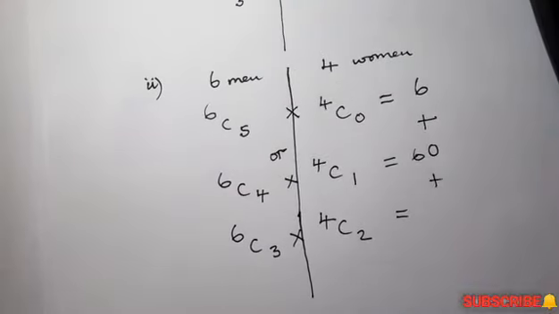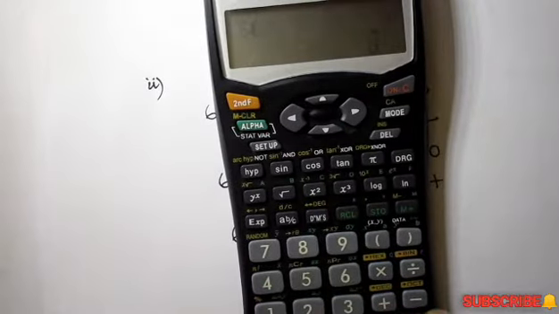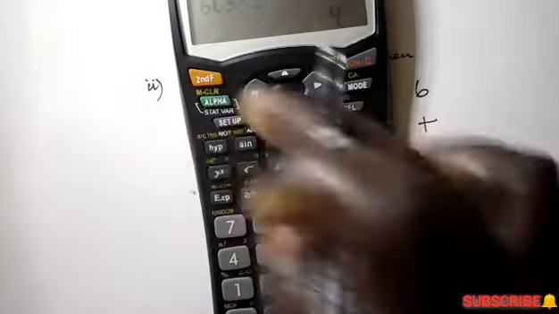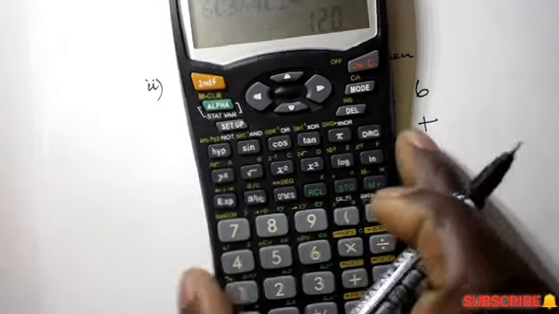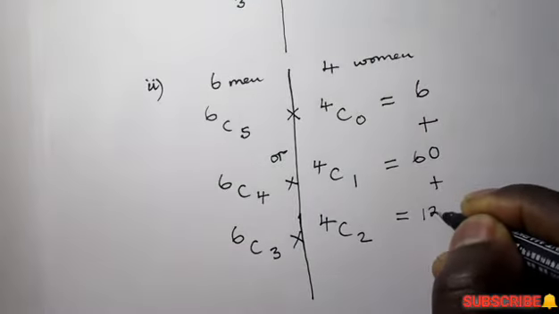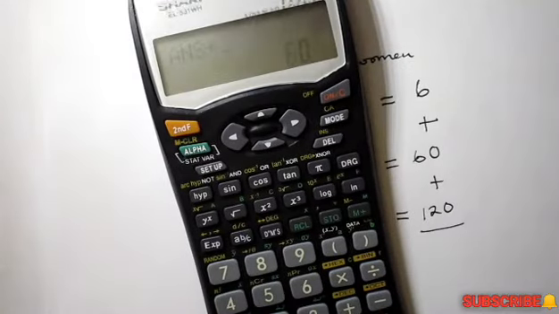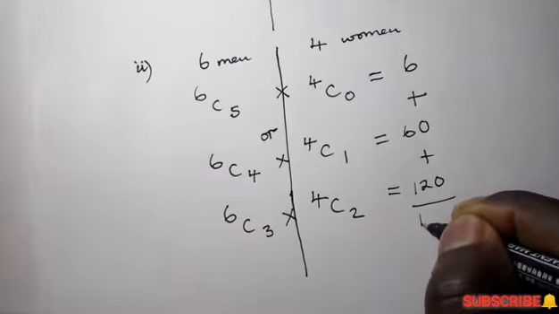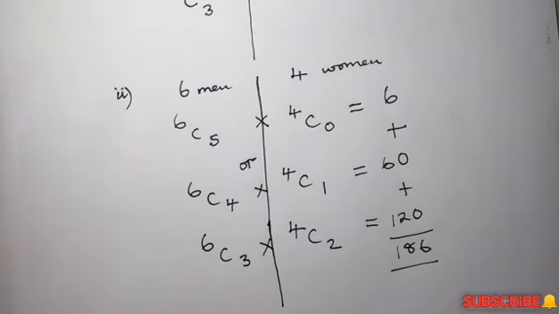Then you put a plus. 6 combination of 3 times 4 combination of 2, you get 120. Then after that you have to add 120 plus 60 plus 6. So your answer is 186. So it means that for men to be more than women, we can do this in 186 ways.